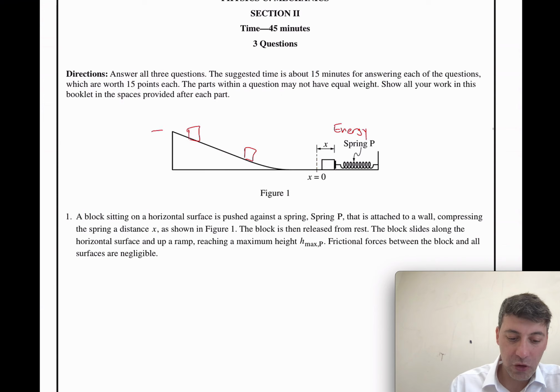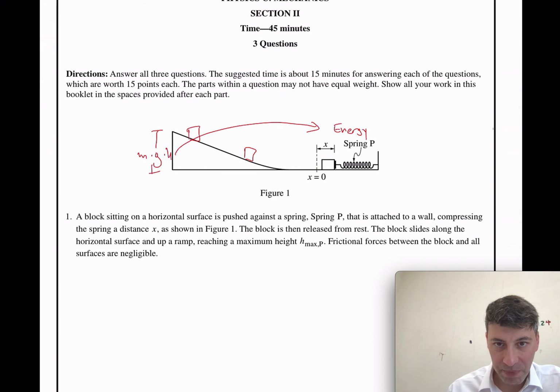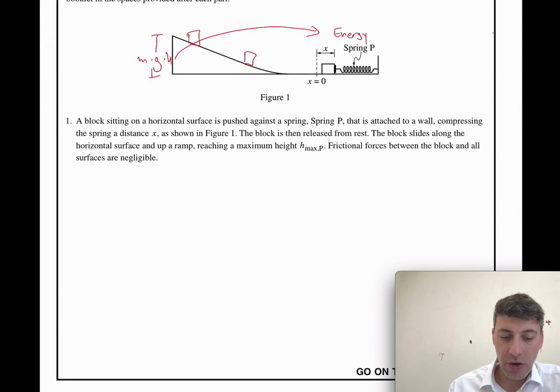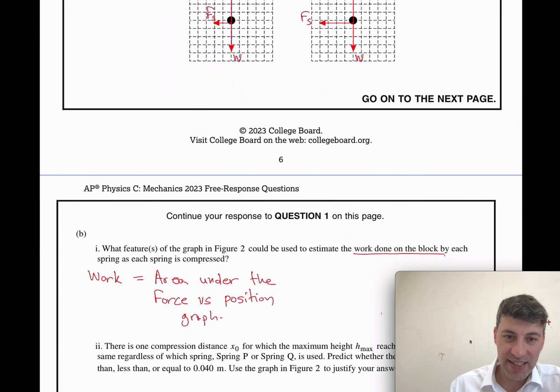At the top there is a potential energy of mass times g times height, and this height depends on the energy from the spring. And the energy from the spring is the work by the spring. So the height depends on the work by the spring, which is the area under the graph.